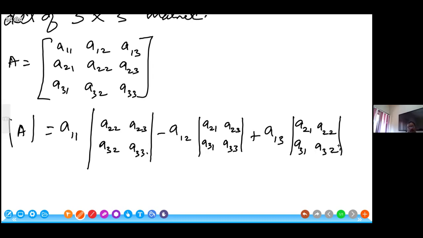So this is how we find the determinant. Right? Coming back to this component, let me explain.